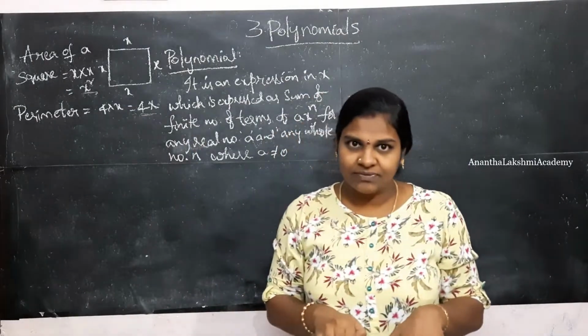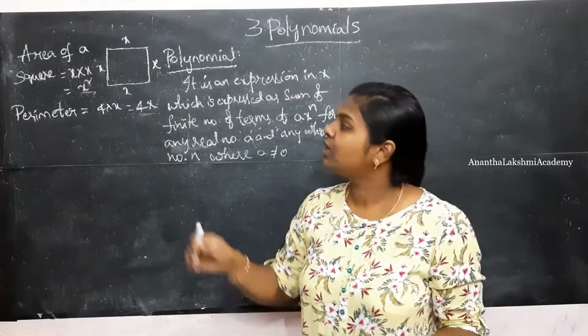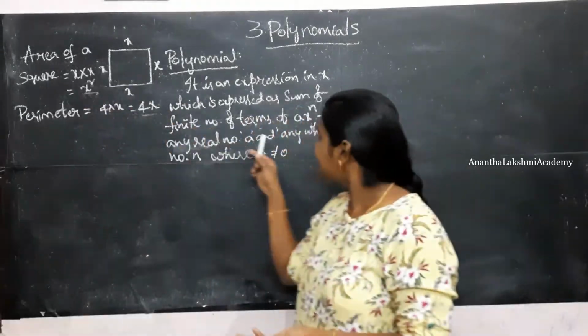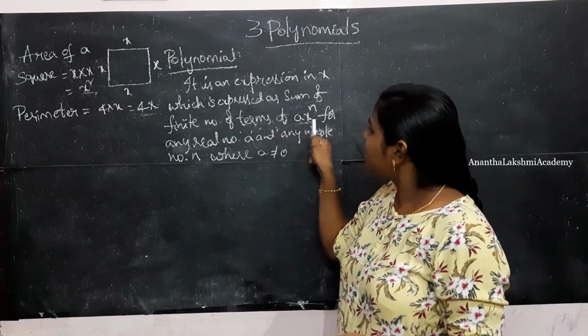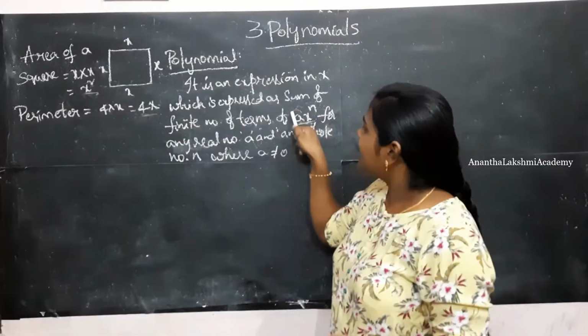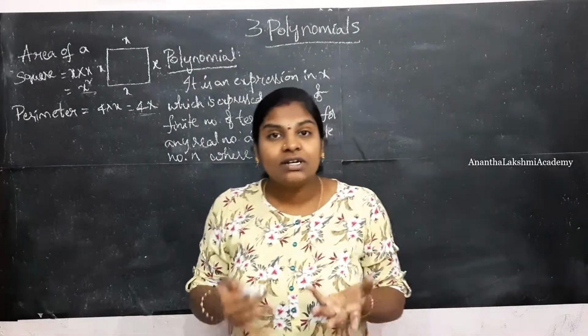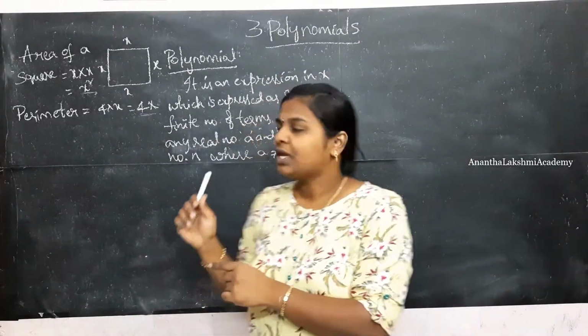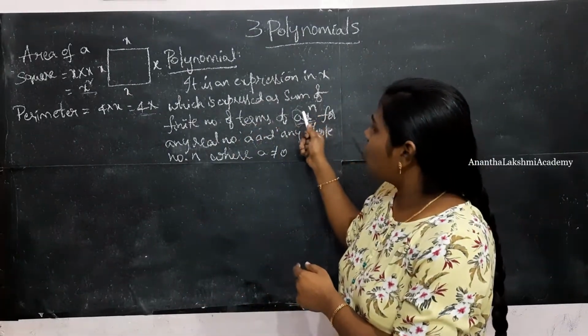Now we are coming to the definition of a polynomial. A polynomial is an expression in terms of x of the form a into x power n, where a is any real number. What are real numbers? The set of all the number systems is included in real numbers. And n is any whole number.